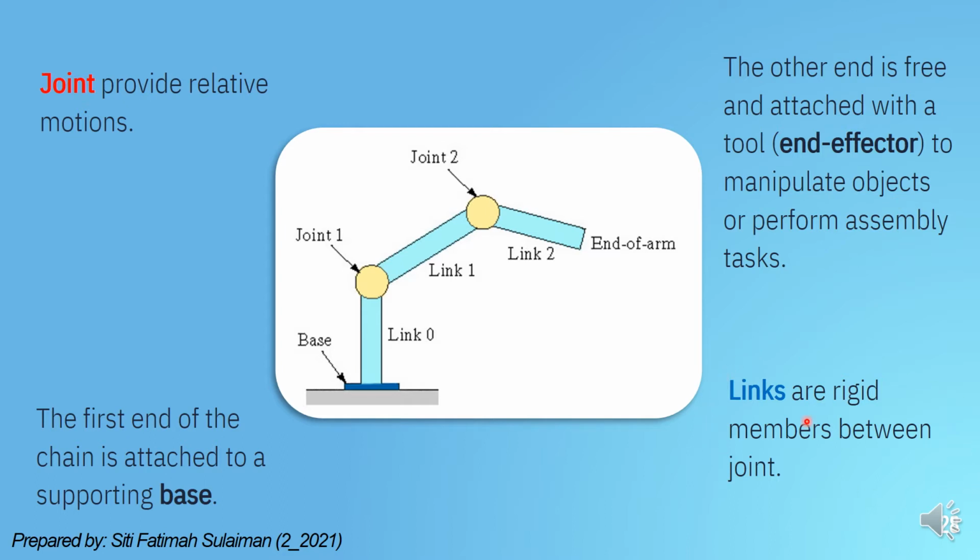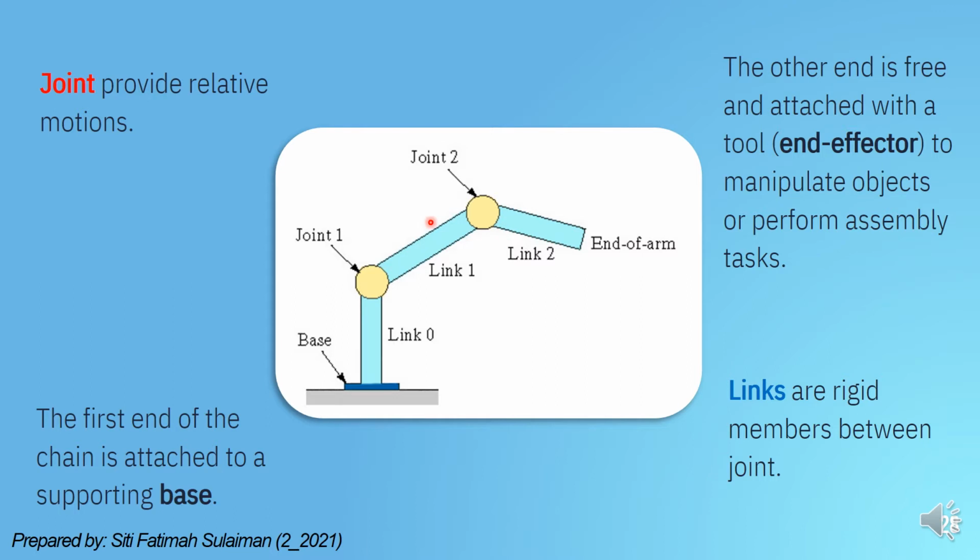The other element is links. So what is a link? A link is placed between joints. For this case, we have link 0 and link 1 for joint 1, and we have link 1 and link 2 for joint 2.